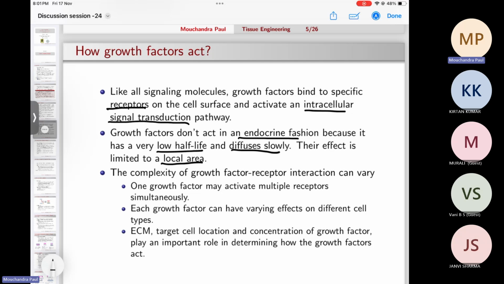Also, if we can protect the growth factor from degradation in some way, so that its half life and stability are increased, then it will be much more useful for us. From this understanding, we will see how they are delivering growth factors.